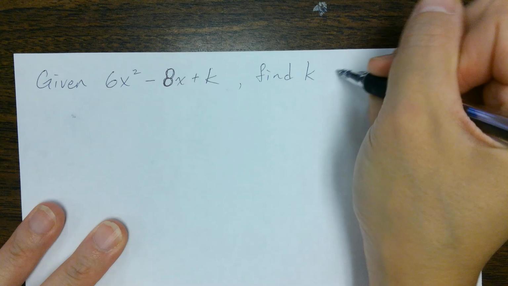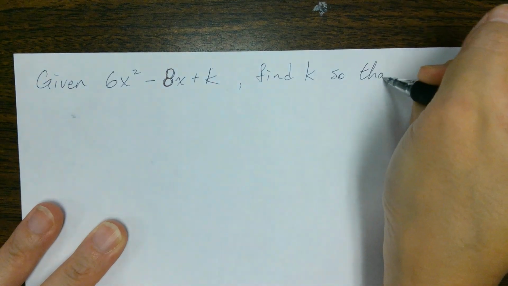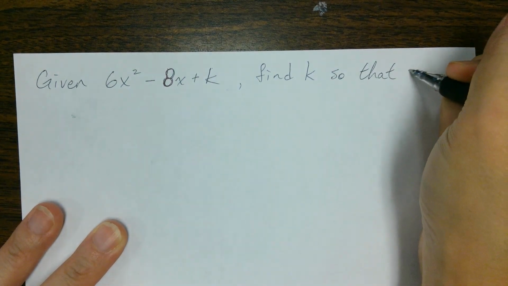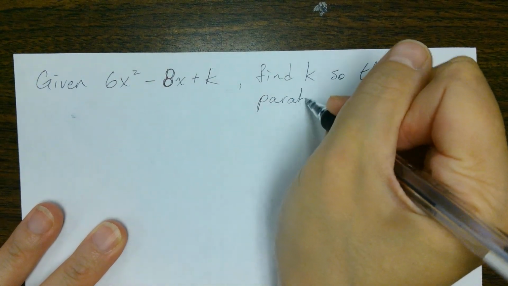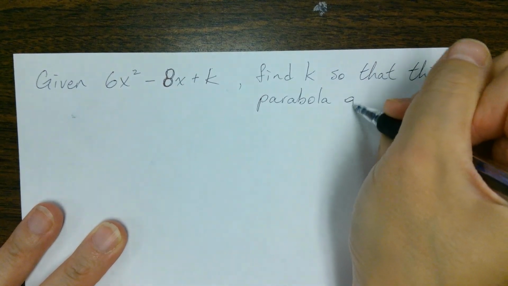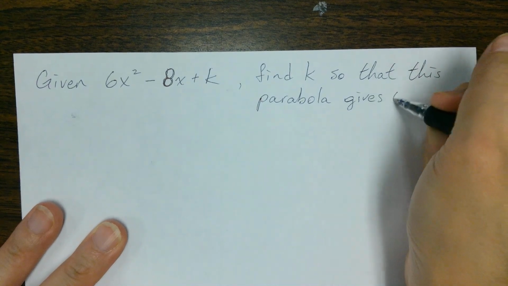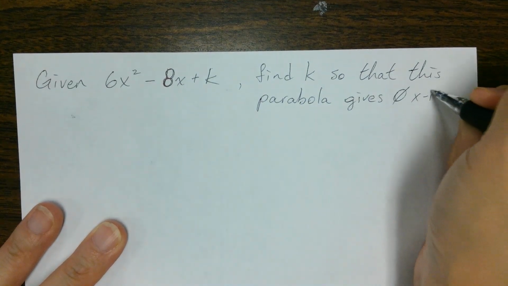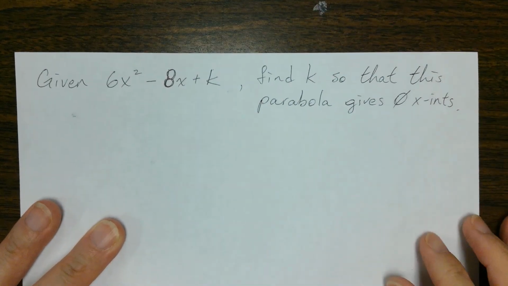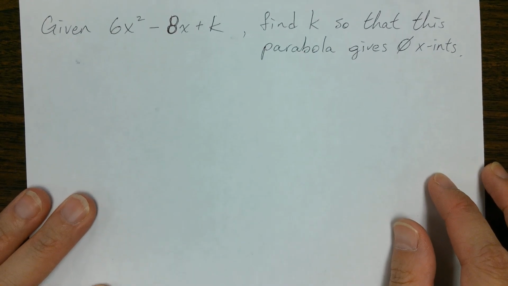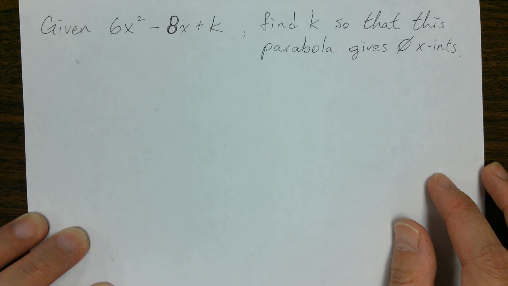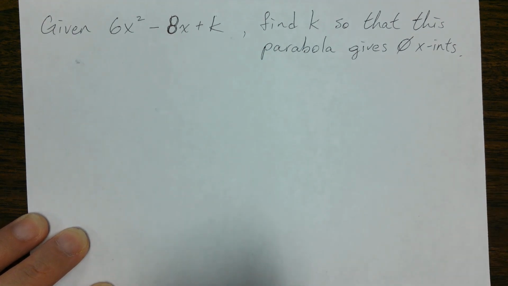Find k so that this parabola gives 0 x-intercepts.